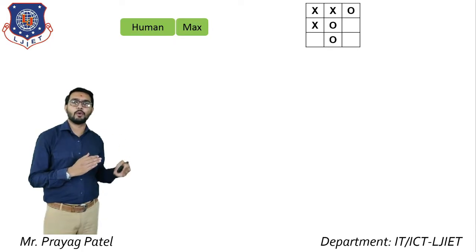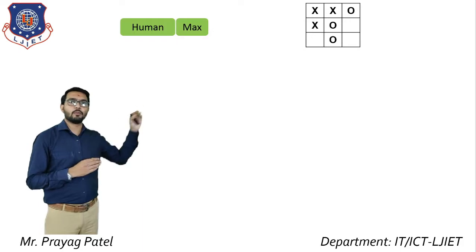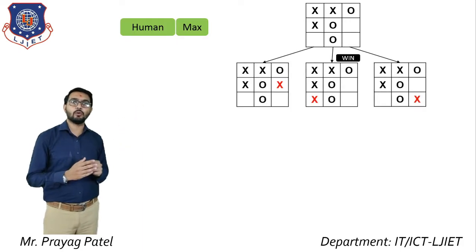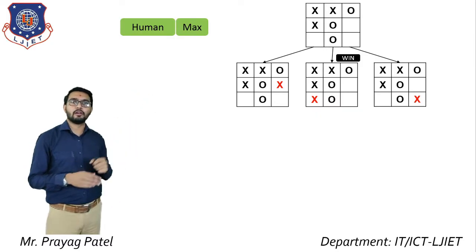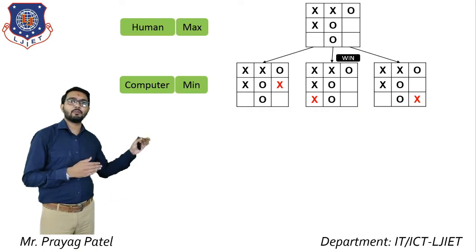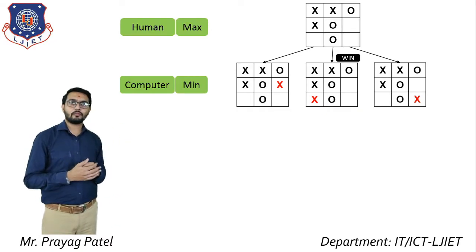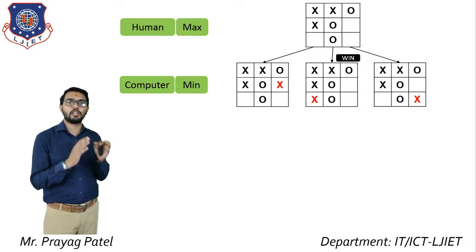The first player is human and the second player is the system. The human player is the max player. Next is the computer or system player, and the system player is the min player. The min player puts the cross, and the human or max player puts the 0.